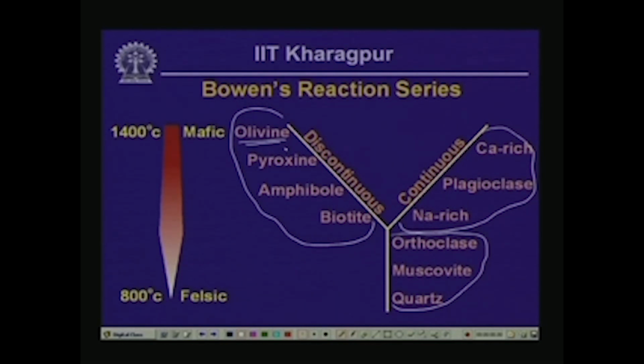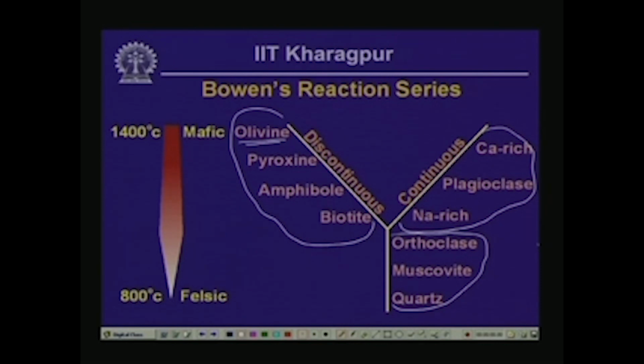And on the continuous side, plagioclase feldspar is the one that is going to start precipitating out, and initially at larger temperatures the feldspars will be more calcium rich, whereas when the temperature reduces, the percentage of sodium is going to start increasing. And when the two limbs coalesce, what crystallizes out of the partially molten matter are orthoclase, muscovite, and finally quartz.